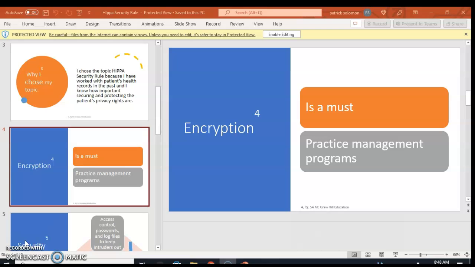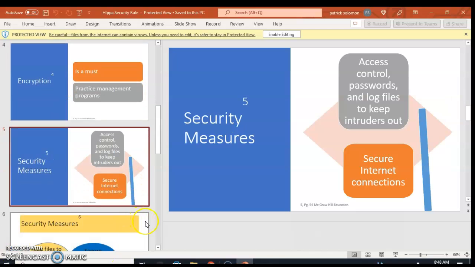Access control is when only limited people are given passwords, on a need-to-know basis.